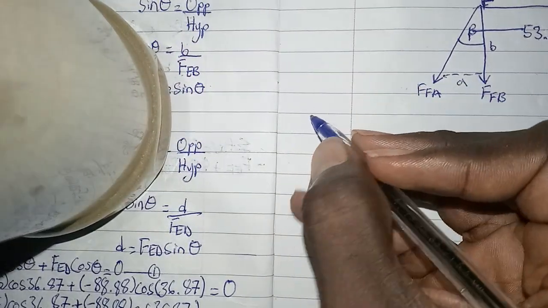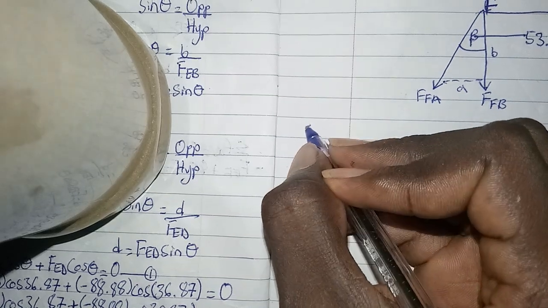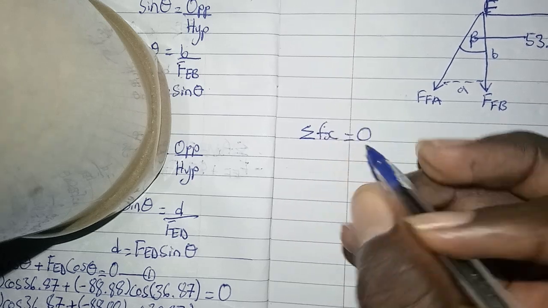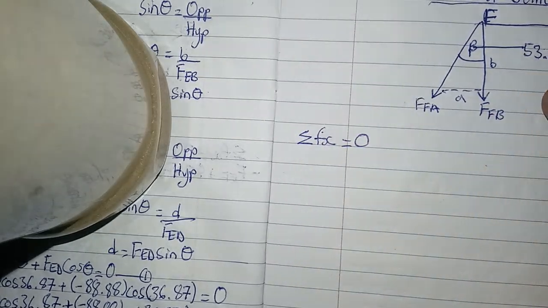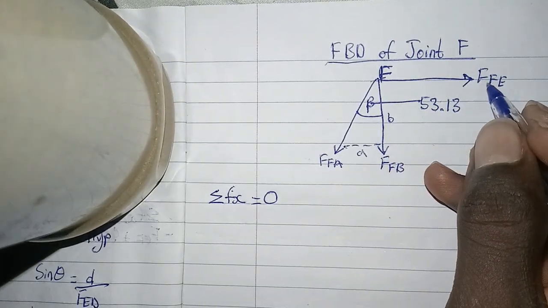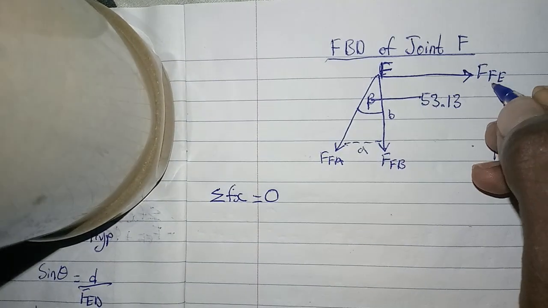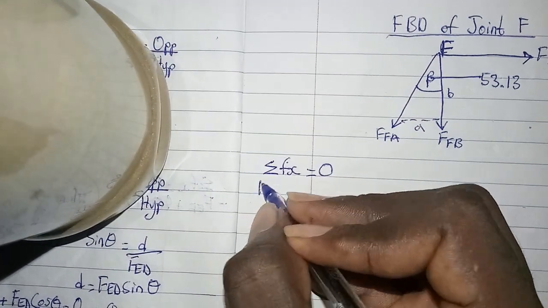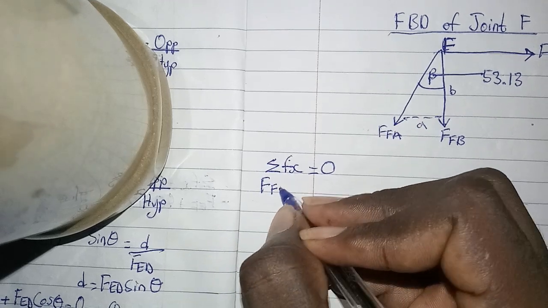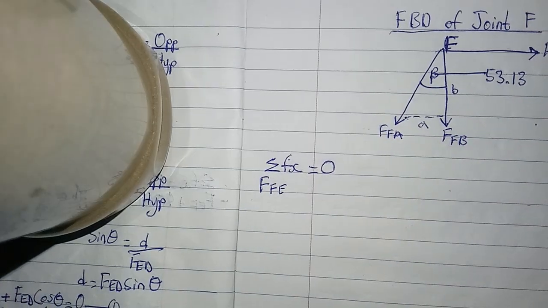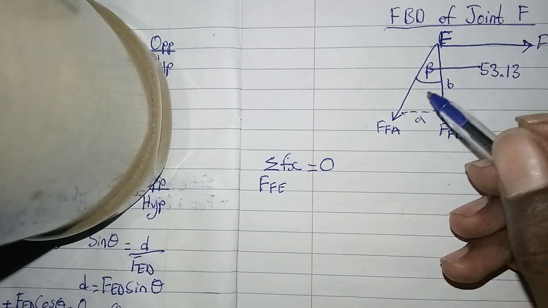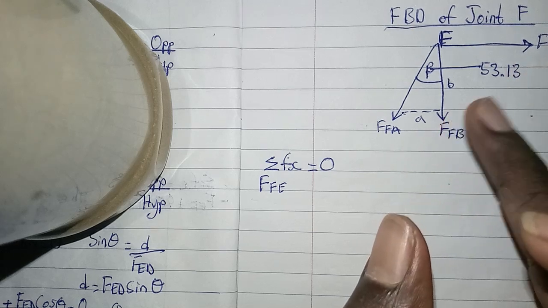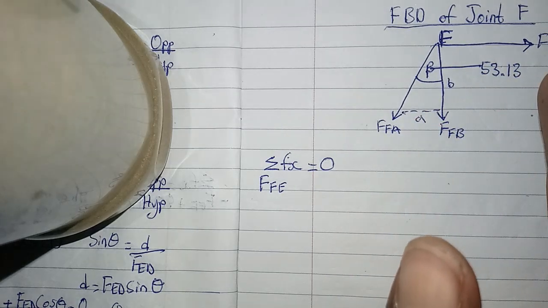So sum of forces along the horizontal axis, sigma Fx will be equal to 0. We have force FE, and it is pointing to the right, so it is positive. For every inclined force, it has both a horizontal component and a vertical component.